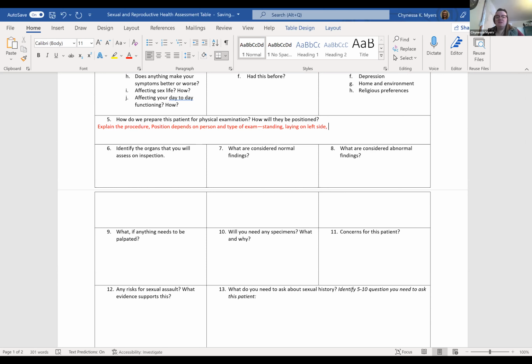Especially for men, they'll lay on their left side more because if they need to get their prostate checked, do you guys know how to check a prostate? Not that you'll have to do it, but do you know what cavity you go in? Finger in the rectum. Absolutely. So we definitely want them laying on their side, or some people will stand and bend over the table.